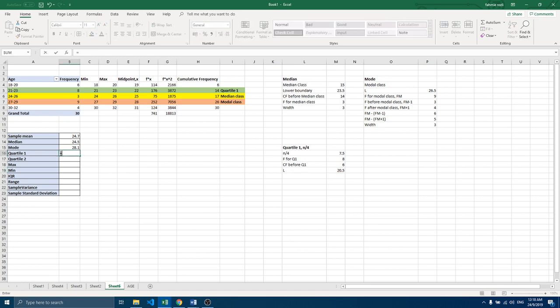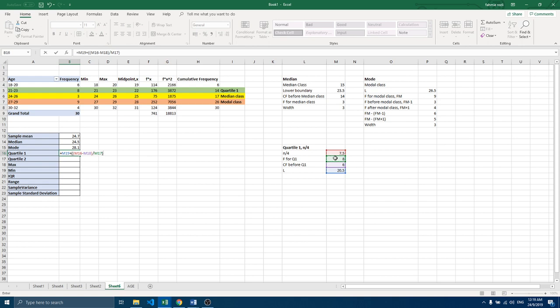So it's equal to lower boundary plus 2 times 7.5, right, divided by 4, minus the cumulative frequency before quartile 1, which is 6, then divided by frequency for quartile 1.